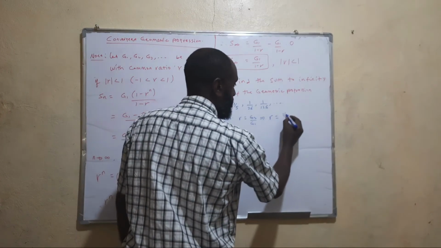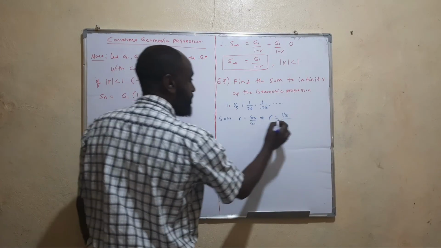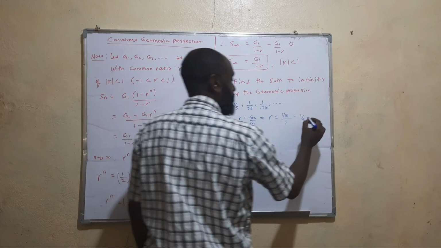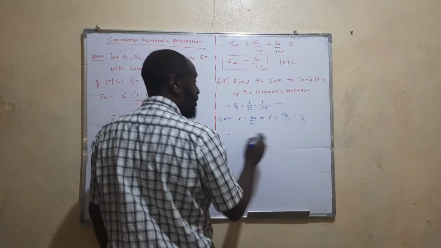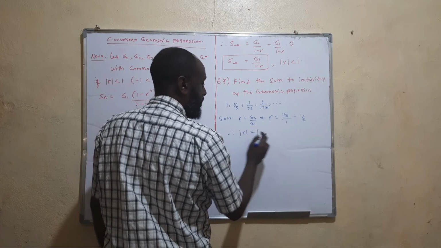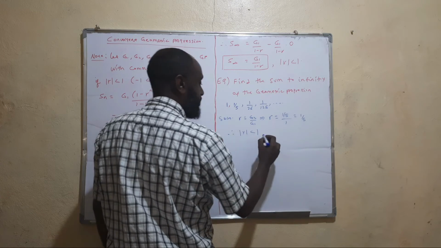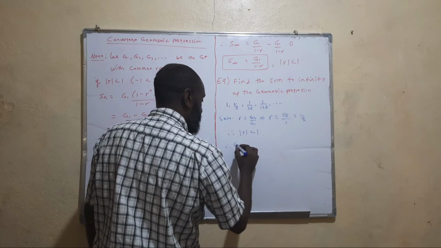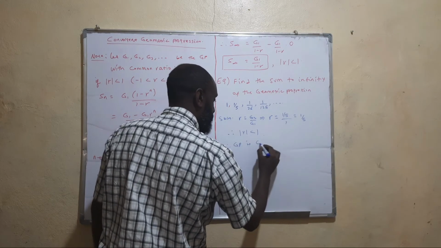Our G2 is 1 over 5 and G1 is 1, so R is 1 over 5. Hence, this implies the absolute value of R, 1 over 5, is less than 1. Hence, the geometric progression is convergent.